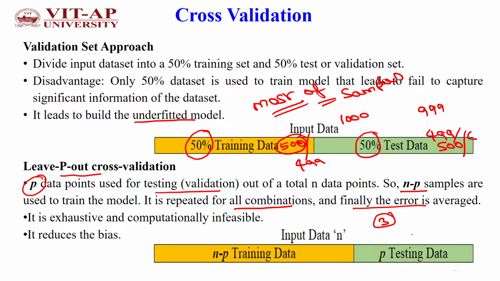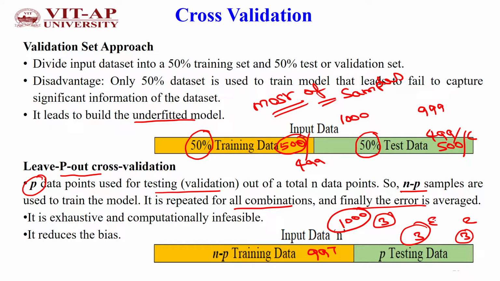With 1000 input samples, 3 samples will be allotted for testing and 997 for training. Next time, another 3 samples will be used for testing and another 997 for training. So in each iteration, a different 3 samples are used.